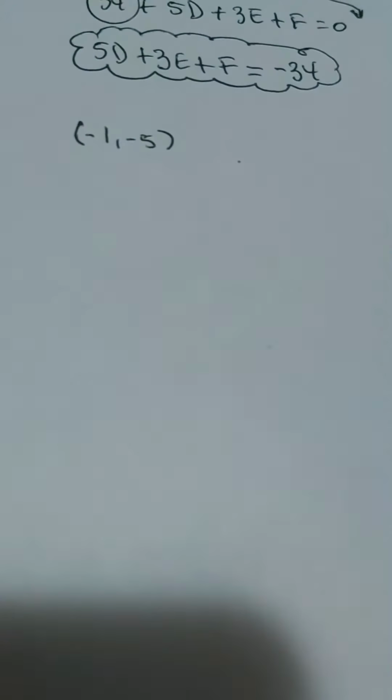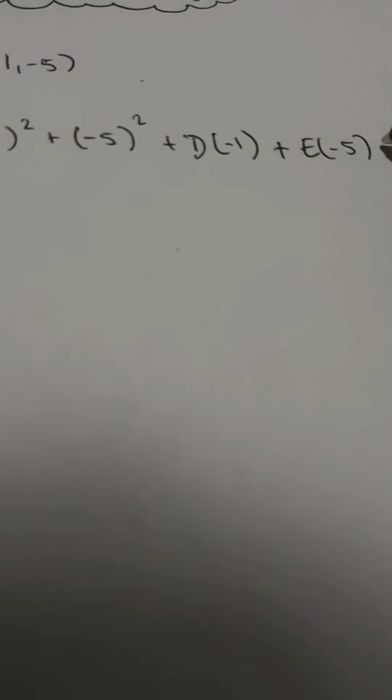Now, finally, we substitute into the general form of the equation of a circle the point (-1, -5). So we get negative 1 squared plus negative 5 squared plus d times negative 1 plus e times negative 5 plus f equals 0.